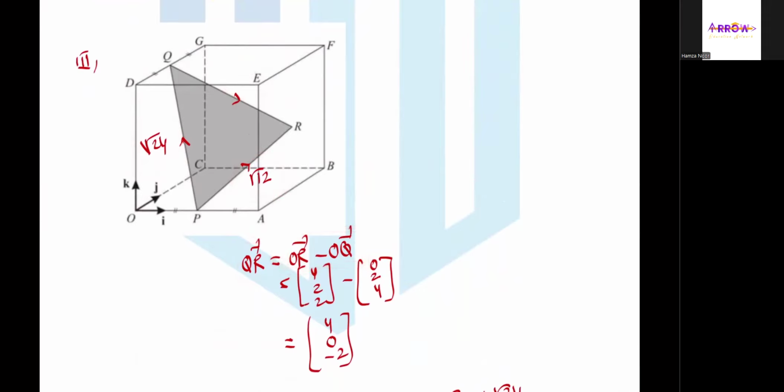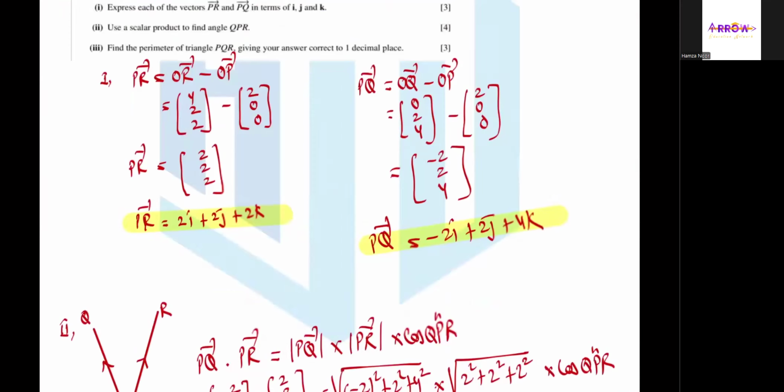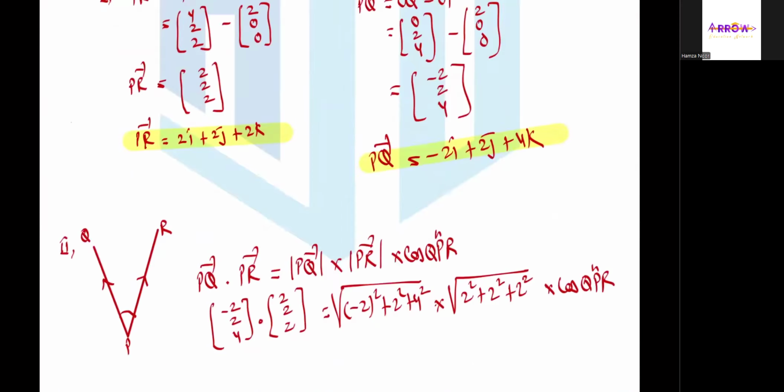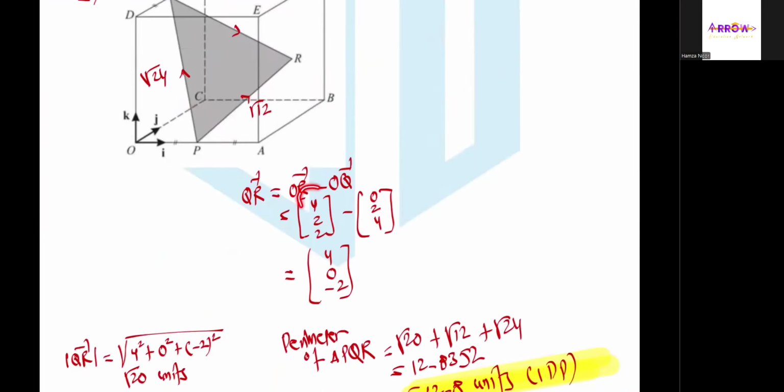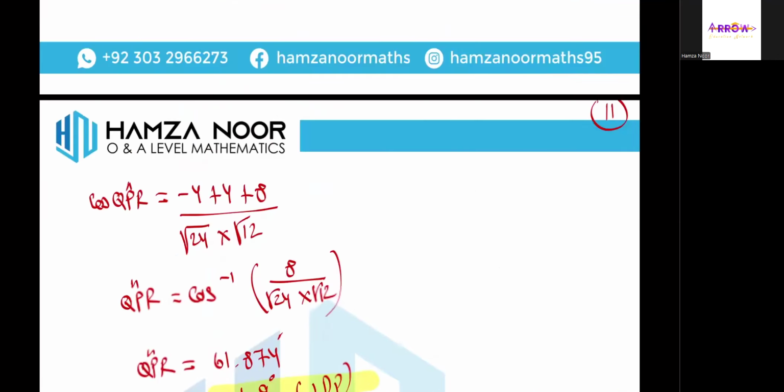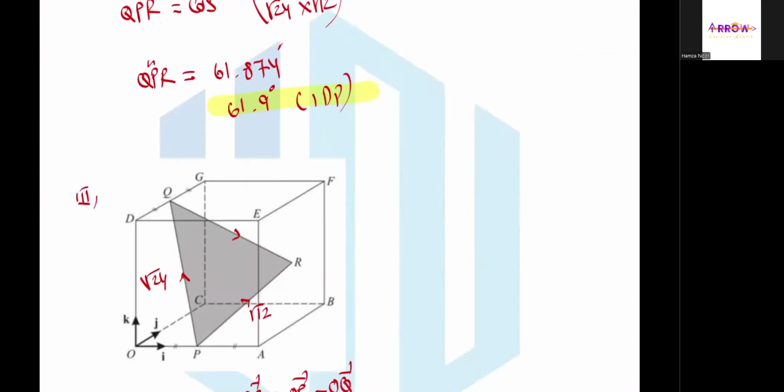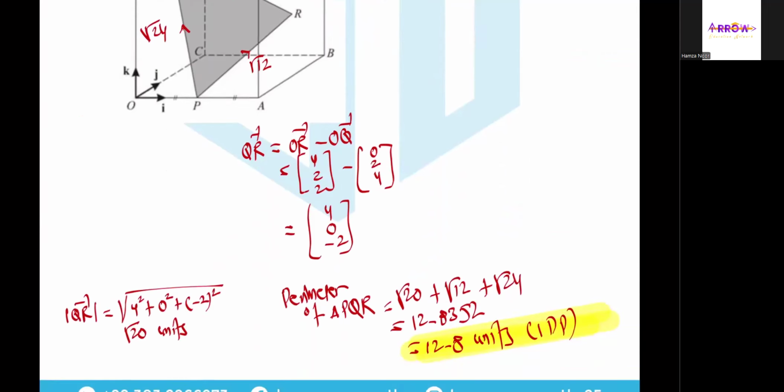OR we already know from part 1: OR was 4, 2, 2. And OQ was, the I component was 0, J component was 2, K component was 4. So I've used these two vectors. So QR vector is 4, 0, minus 2. And then I'm going to find the magnitude of QR vector, which is under root of 4 squared plus 0 squared plus minus 2 whole squared, which is under root of 20 units.